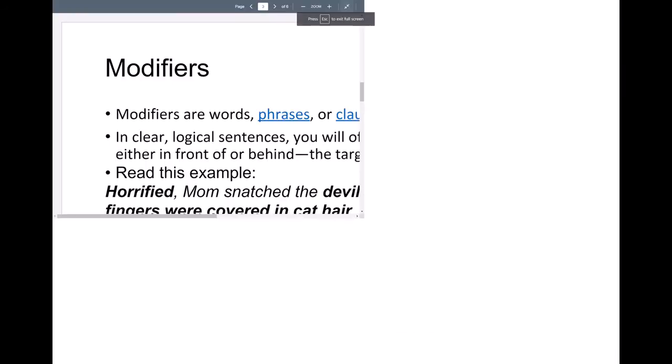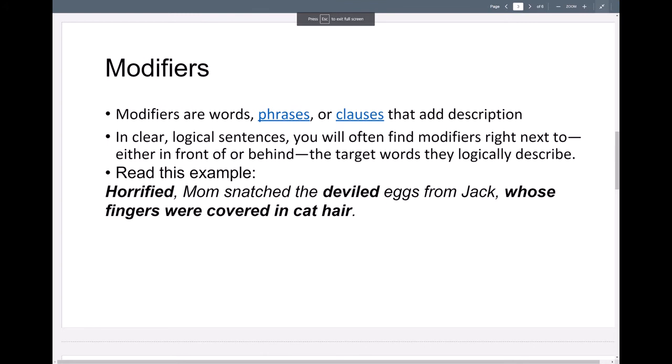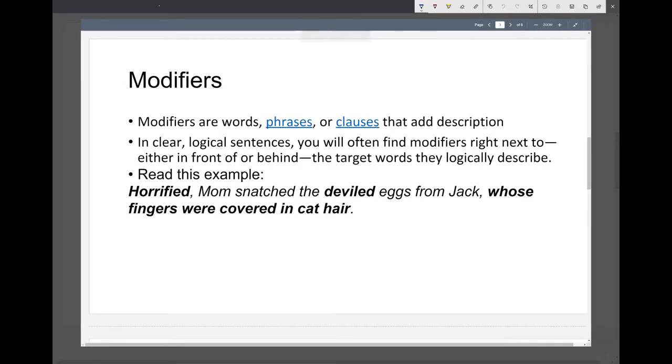Okay, back to modifiers. So when you are writing clear and logical sentences, the modifier should be right next to, so it's either in front or behind the target words. And usually, well, that's your intended subject, the subject you want to talk about, that they would describe.